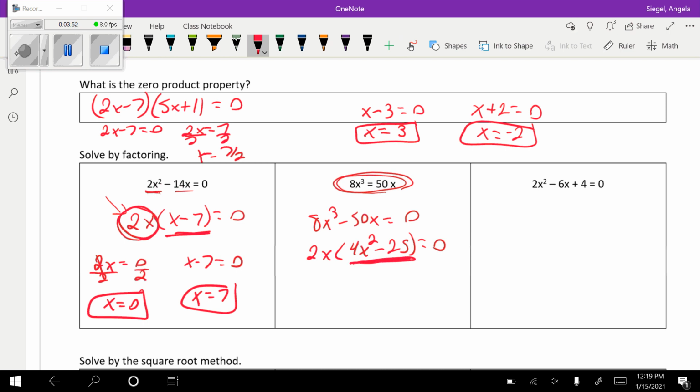So I can notice I can take the square root of this and the square root of this, and it's connected with a minus sign. And so these are one of those difference of squares. So this is 2x plus 5, 2x minus 5. And so now I have 3 pieces I'm going to set equal to 0. 1, 2, 3.